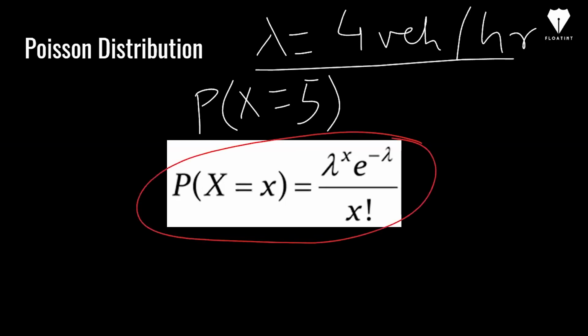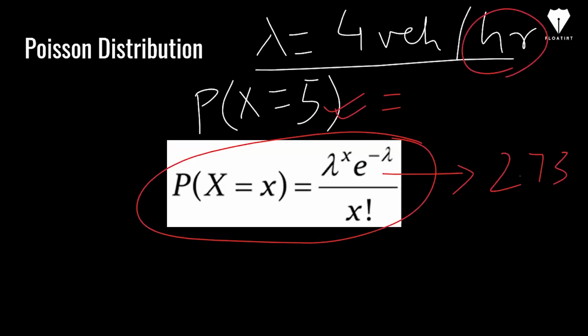You put the value of lambda, you put the value of e, and you put the value of x. x is 5 in this case, and then you can get the corresponding probabilities. So in situations wherein you know the mean over a long period of time of occurrence of certain events, you can calculate the probability that you will watch x such events in the coming hour, in the coming day, or so on. This unit can be anything, whatever you define.